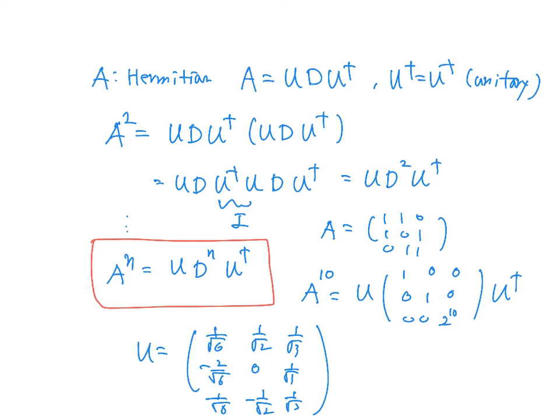So in many cases, this may be much faster. Just multiply 3 matrices, and this is diagonal. And 2 to the 10 is what? 2 to the 10 is 1024, right? It's much larger than 1.